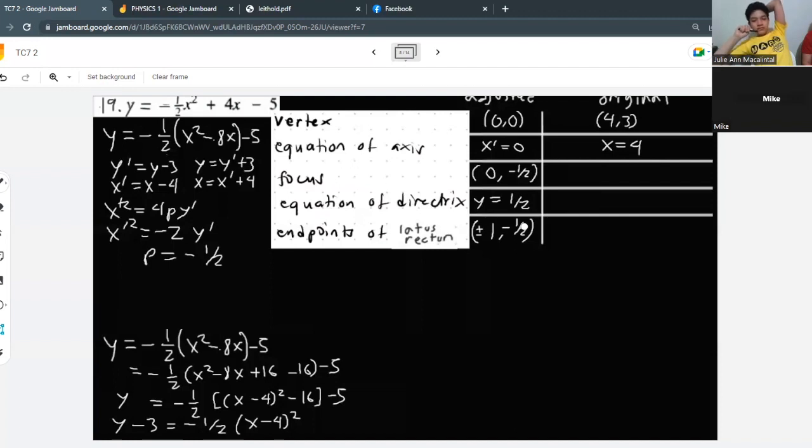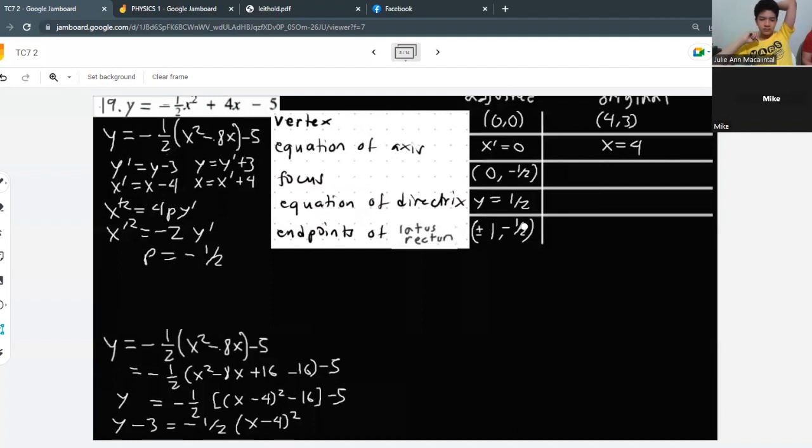Ngayon, so when y is equal to negative 1/2, so negative, negative, so x prime equals 1, x prime squared equals 1. Okay, plus or minus 1, negative 1/2.